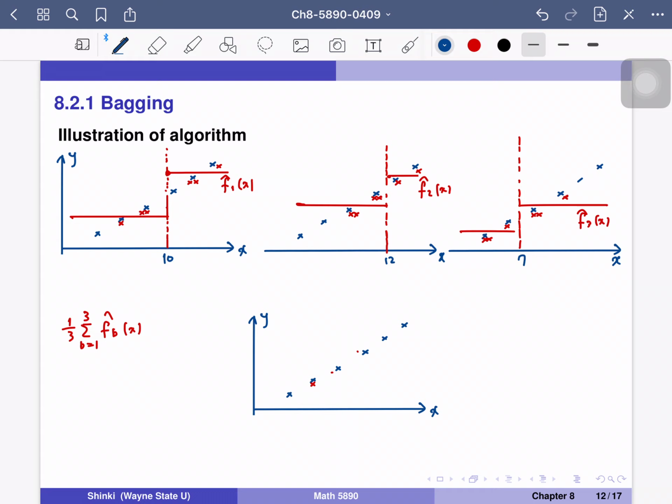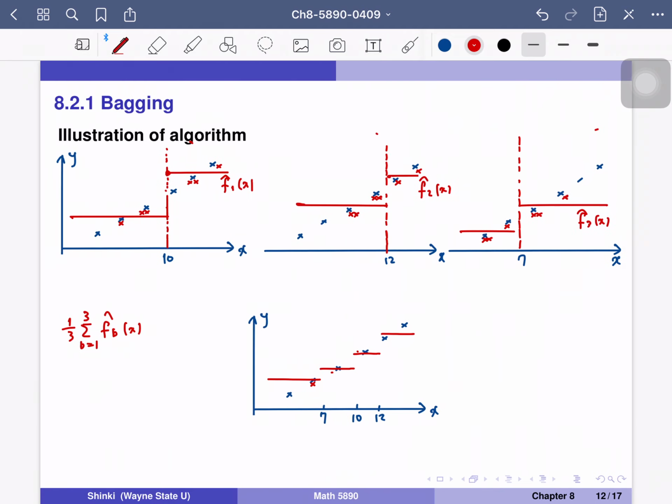So we have the 7 here, the 10 around here, and the 12 around here. Then the average is a smoother curve: less than 7 maybe like this, 7 to 10 around here, 10 to 12 around here, more than 12 around here. So this looks better than each of these. We can expect bagging is better than the usual regression tree.